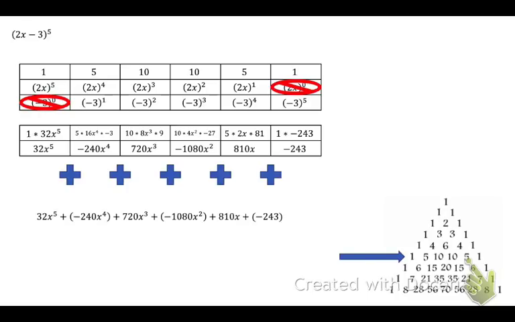Add our plus signs. So you get 32x to the fifth plus negative 240x to the fourth plus 720x cubed plus negative 1080x squared plus 810x plus negative 243. And if you add a negative, that's the same as subtracting, so we can just rewrite it like that.